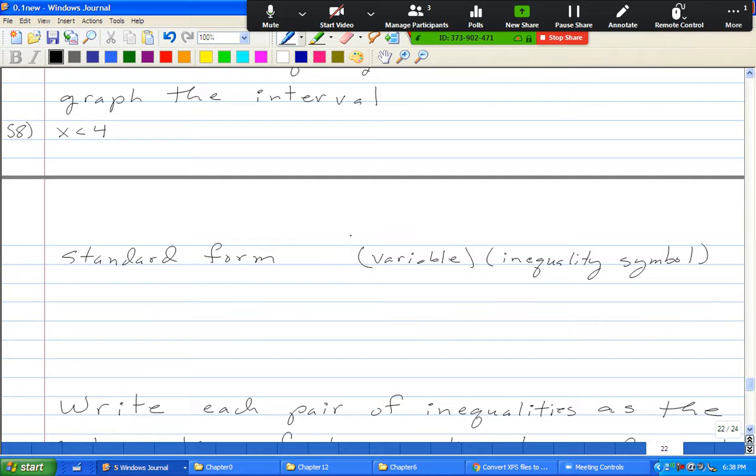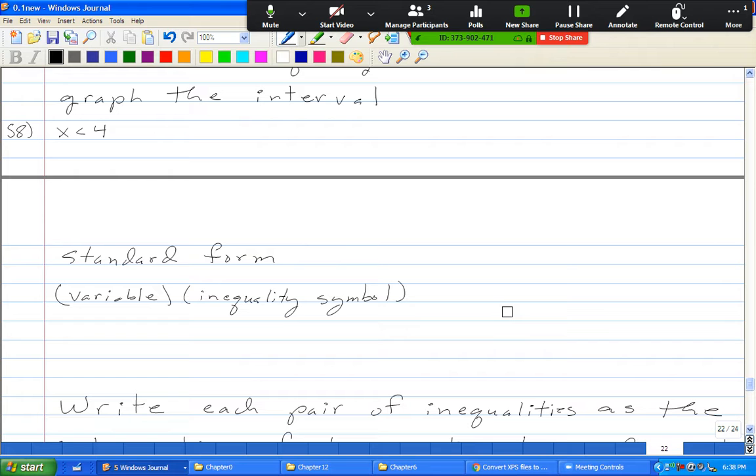Well, I guess I need more room here, and then followed by, say, a number or something. So if you have something in standard form, such as the above, then we can easily draw this.